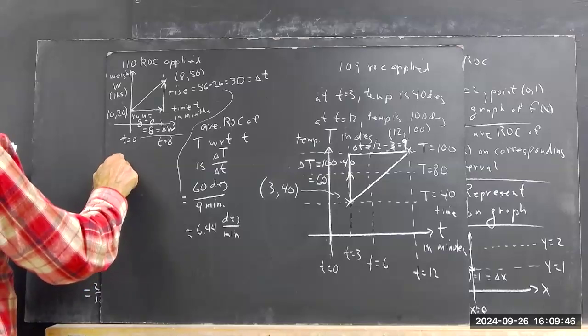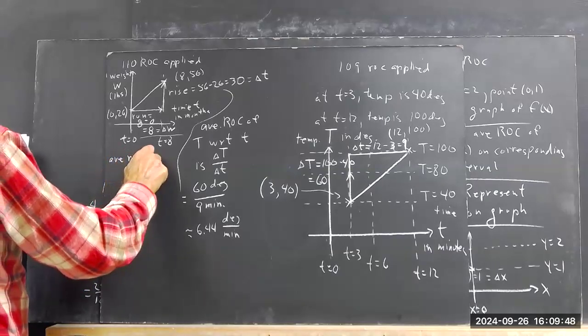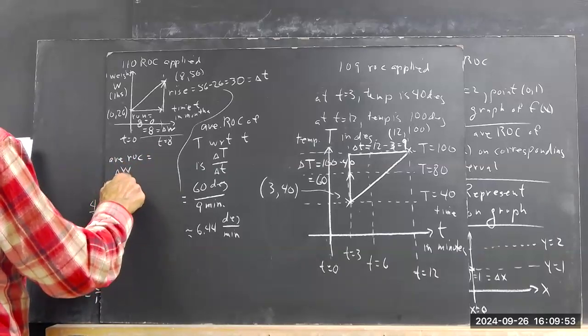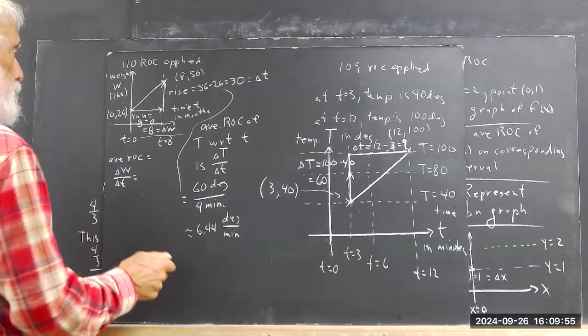So average rate of change equals delta W over delta T. Now we put the units in.